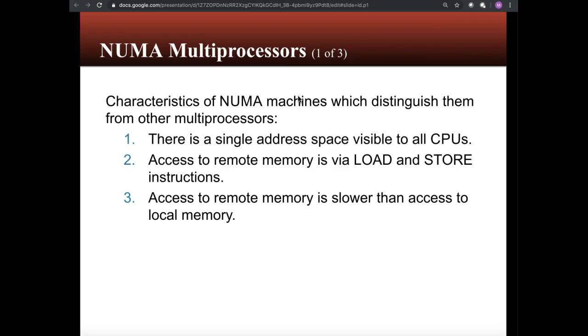And this one is a single address space to all CPUs, so everybody can see everything at the same time, and the access is via load and store instructions. Now, think about that for just 1 second. If the access to remote memory is load and store, does that mean that it's a blocking call?